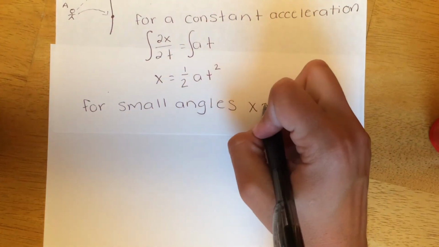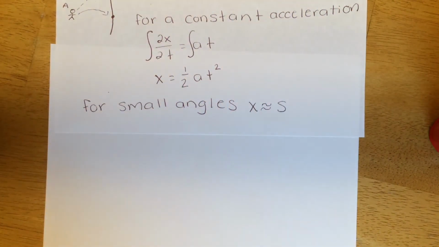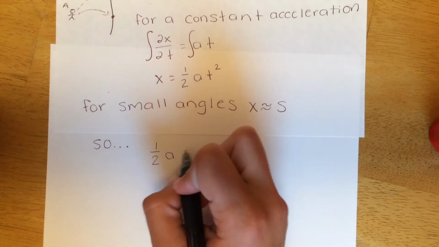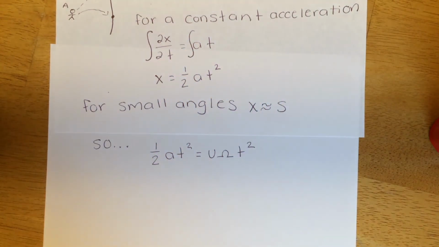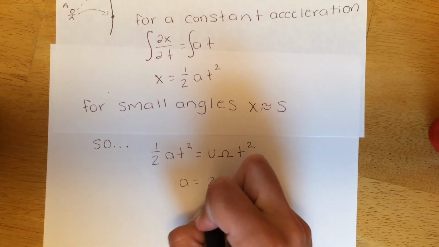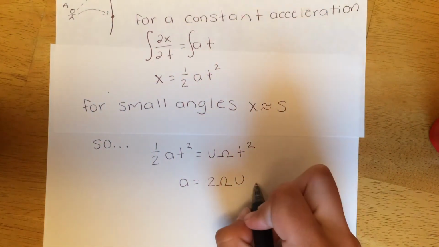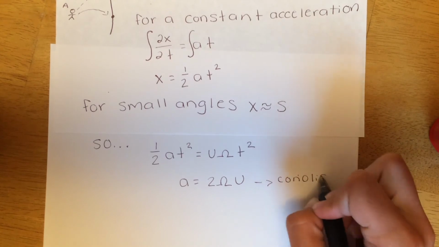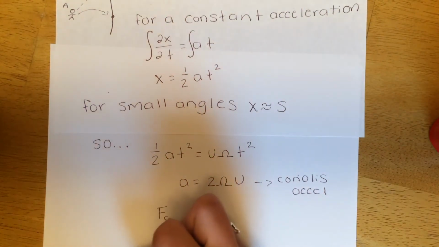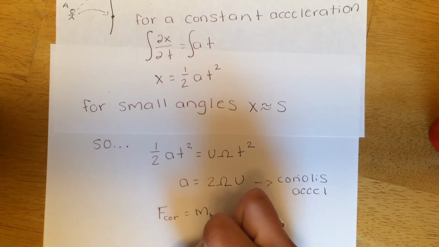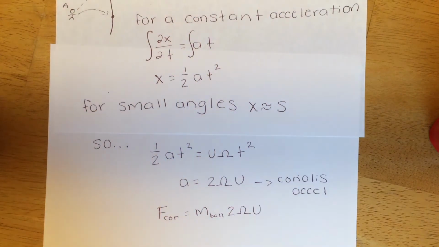For small rotation angles, the distance person B moved is approximately equal to the position x. So by setting those equal, and after some simplification, we get an acceleration of 2 omega times the velocity u. And again, we know force is simply mass times acceleration, so we can calculate the Coriolis force on the ball.